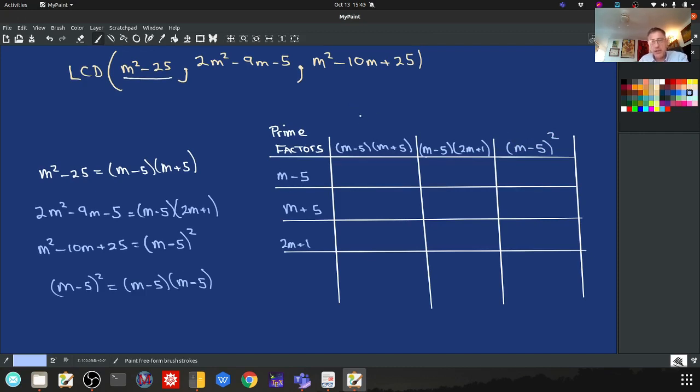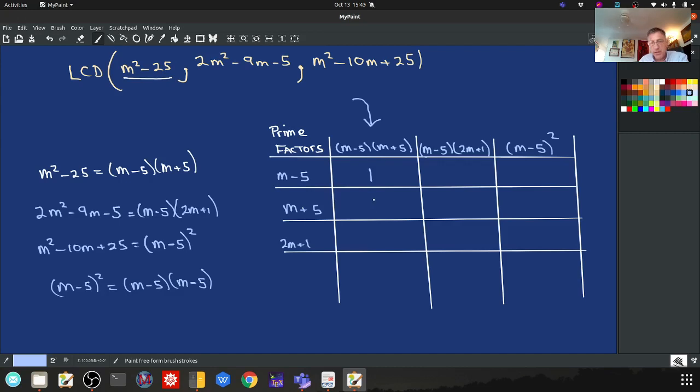In my first, m squared minus 25, which in its factored form is this, how many factors of m minus 5 appear in this form? Just one. That one right there. M minus 5 is raised to the first power.